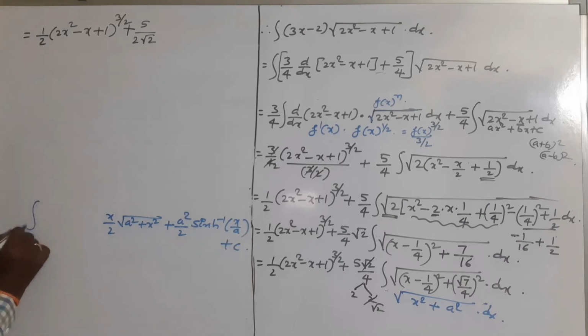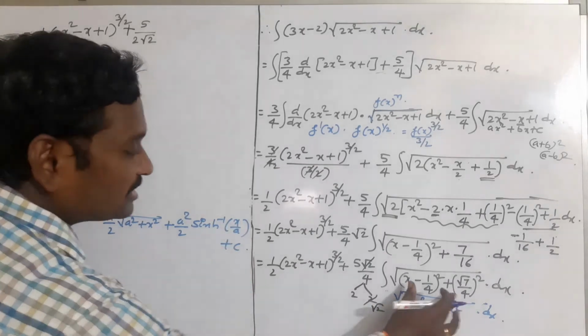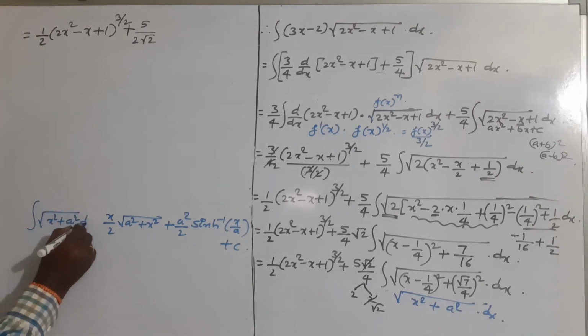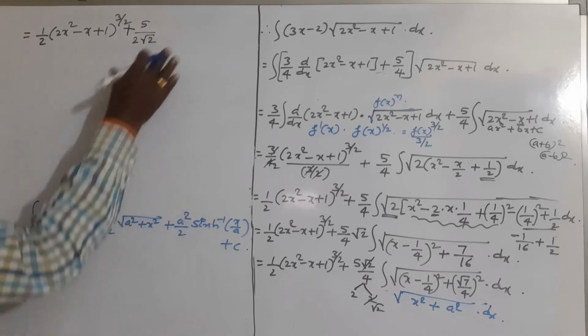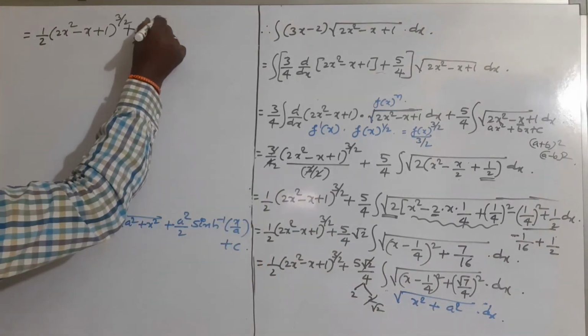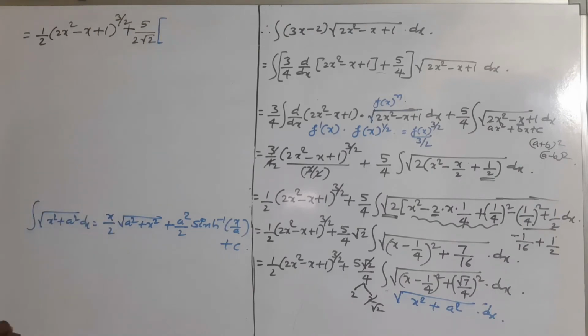We can apply this formula. Clearly we are observing that this is in the form of root over x square plus a square dx. Please observe this formula for this structure. Please open a square bracket.